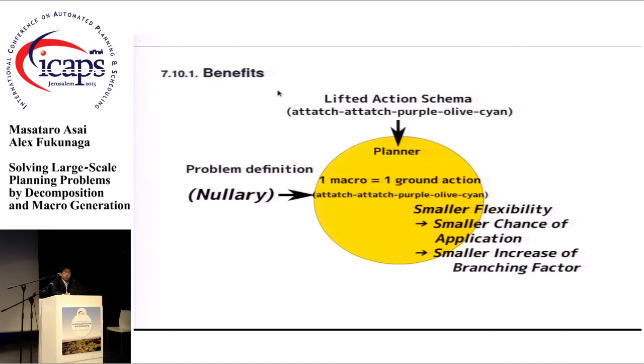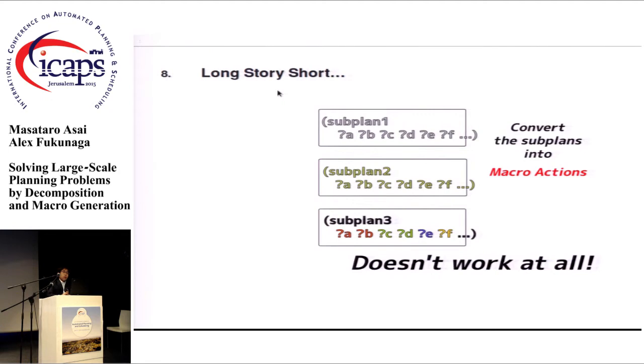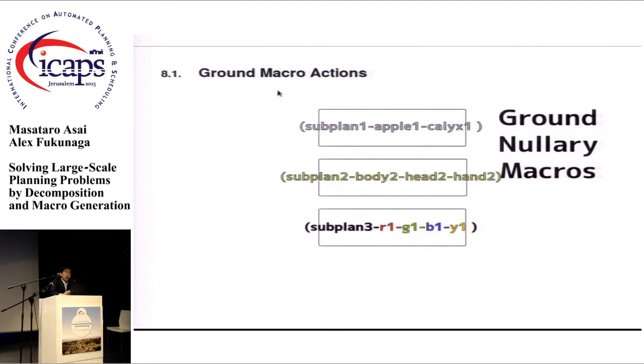The summary is that traditional macros achieve speed up, but the number of actions increases and the lengths are limited because of the learning and lifting scenario. Our decomposition-based non-learning system does not require lifting, and instead uses ground narrow macros. To make a long story short, these lifted macros do not work at all, so we use ground narrow macros.